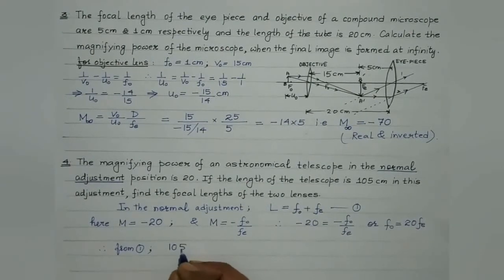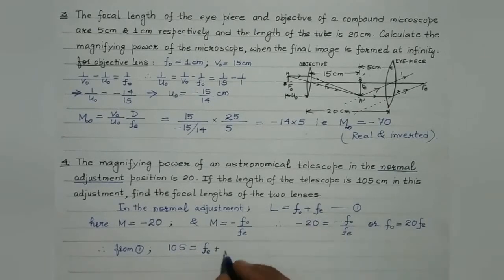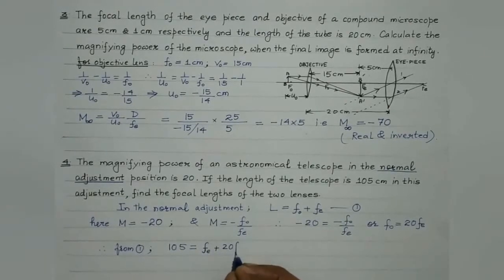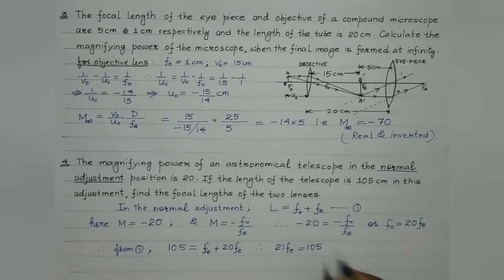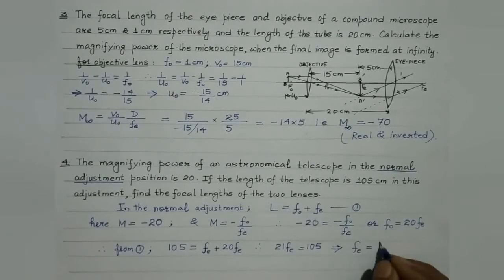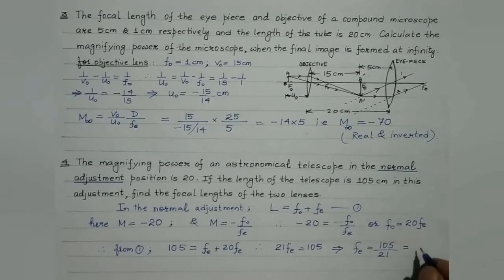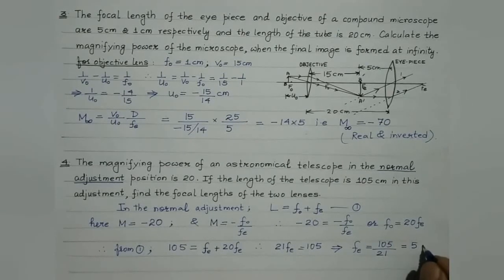So 105 is equal to fe plus f0, and f0 is 20 fe. Therefore, 21 fe is equal to 105. It implies that fe is equal to 105 divided by 21, so it is equal to 5 centimeter.